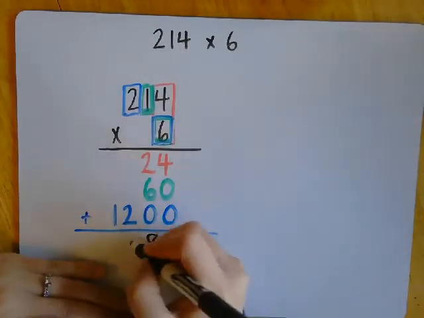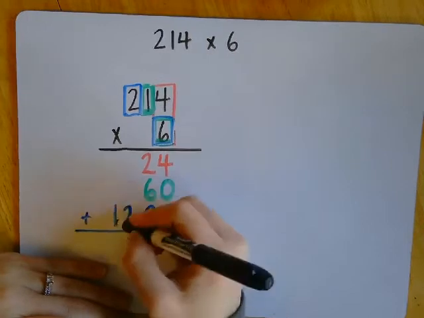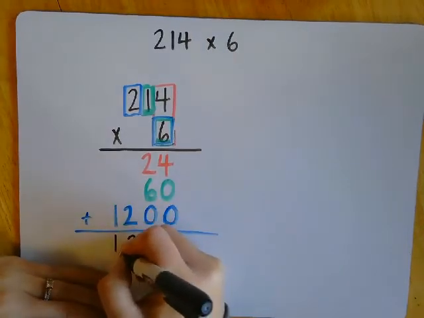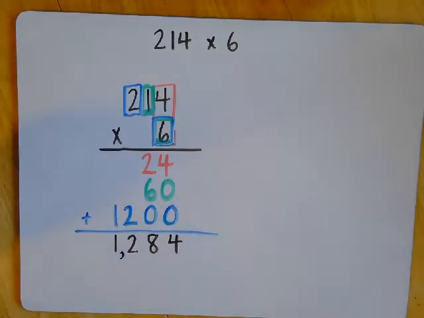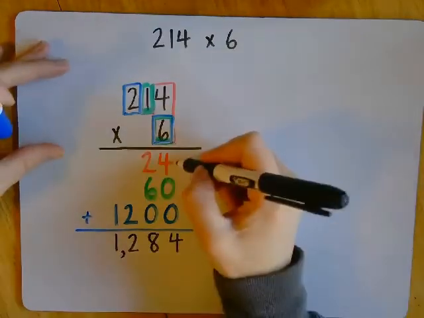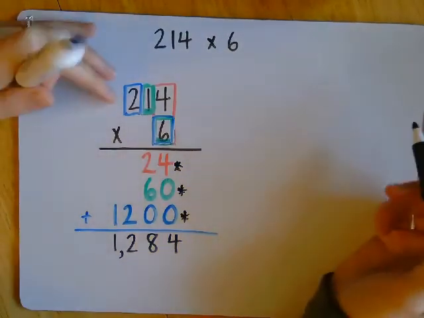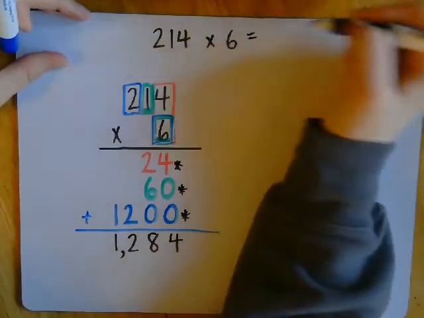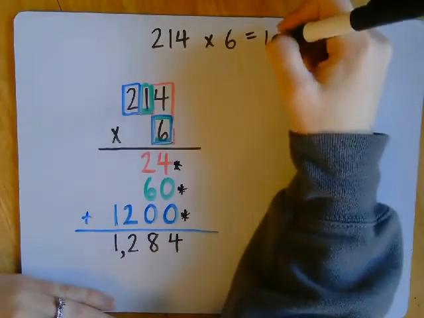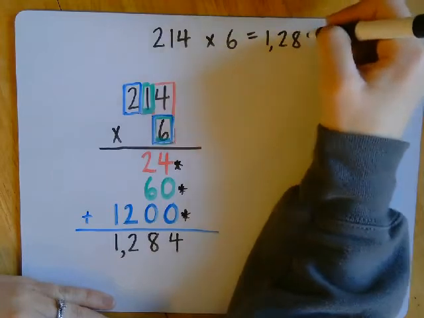Nothing plus 2 is still 2. Nothing plus 1 is still 1. So using just the partial products, remember that's each of these pieces here, I found out that 214 times 6 equals 1,284.